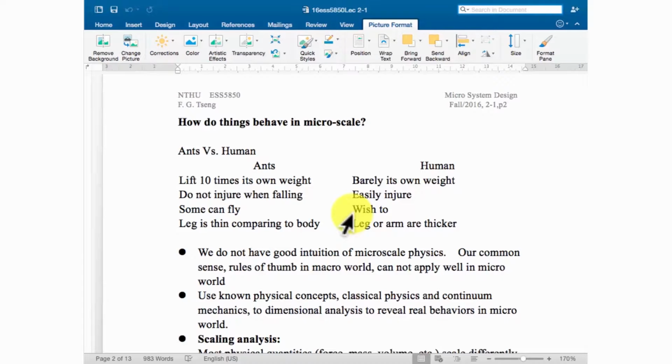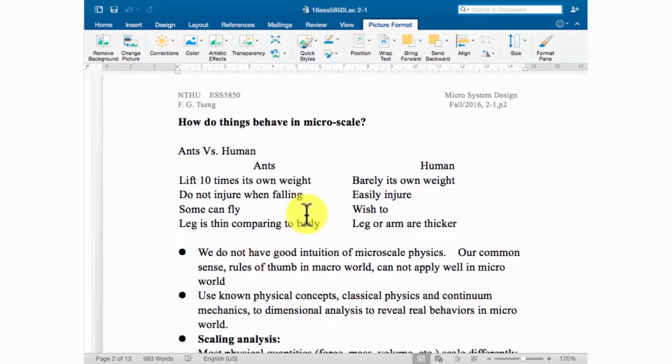Remember how long we have spent to learn how to build tools to allow us to fly. If we want to fly by ourselves, it's actually not possible. We don't have that kind of structure, and our muscles are not strong enough to support this kind of action. So we wish to, but we cannot by ourselves. We need to use tools. But ants don't need tools. They can fly by themselves.